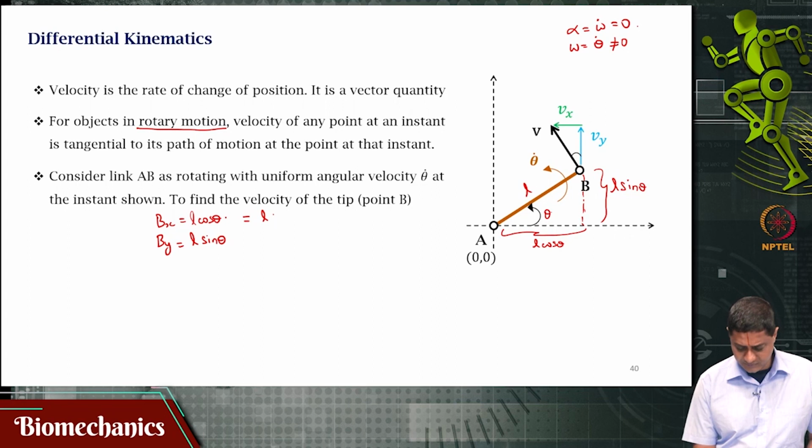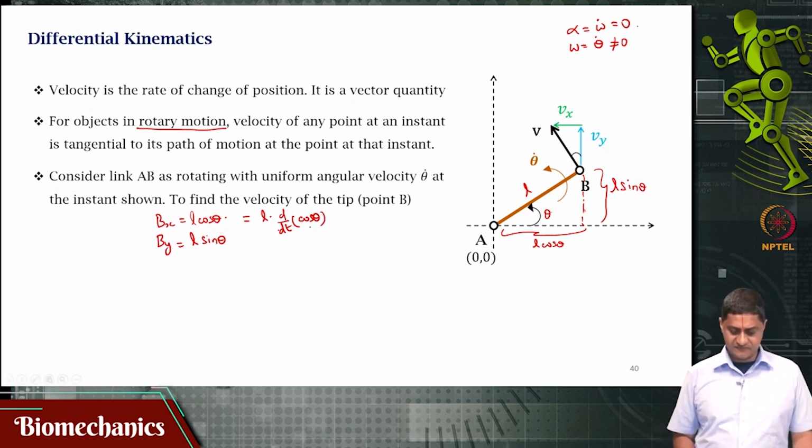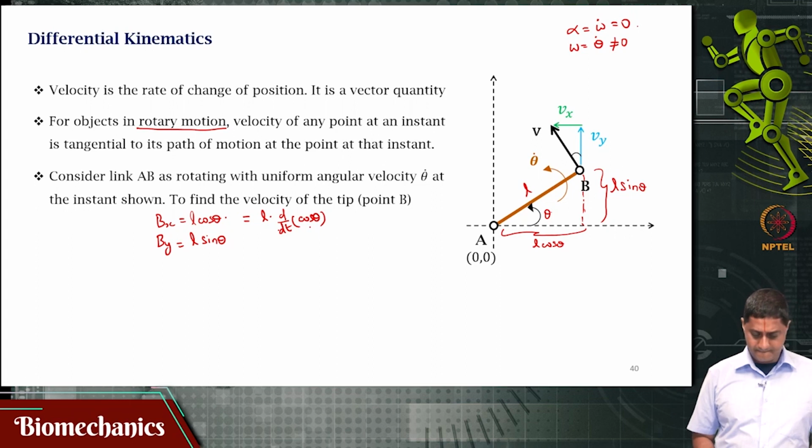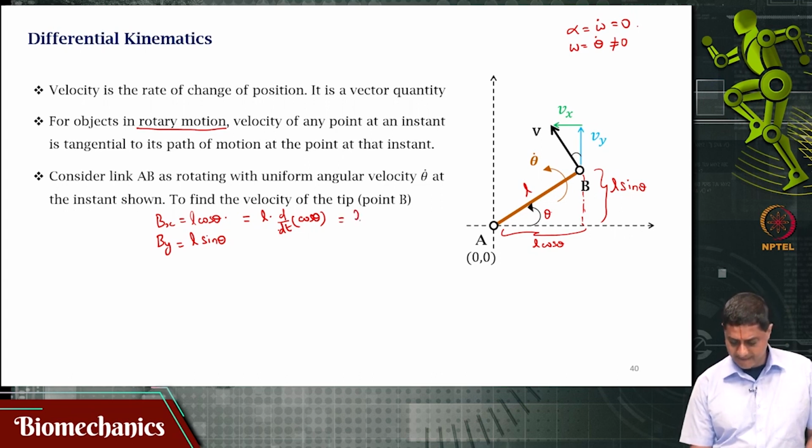I can simply write this as L times d by d theta of d by dt of cos theta. Is it not? This would be L times minus sin theta.